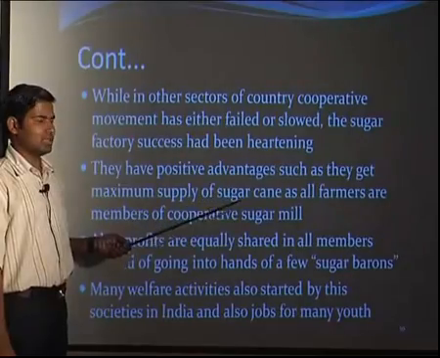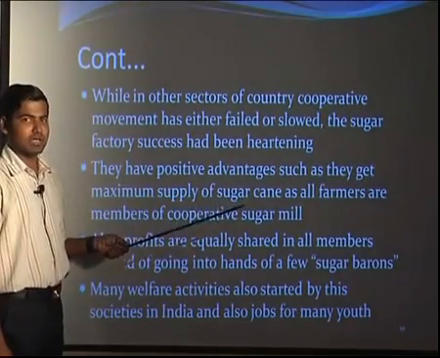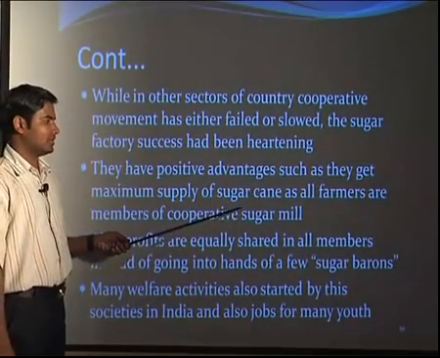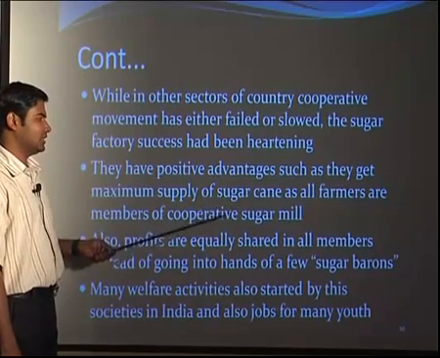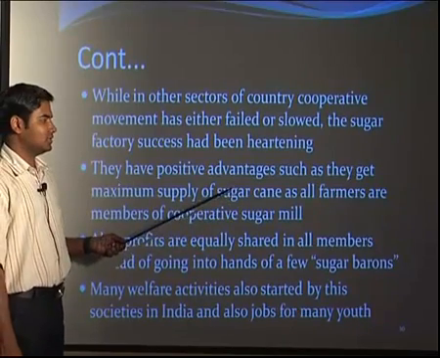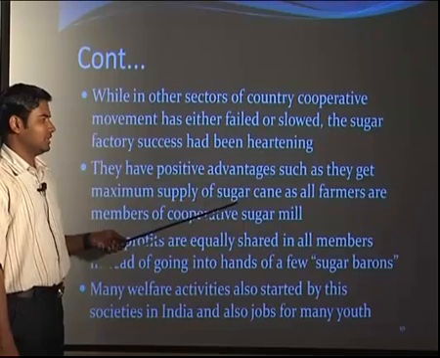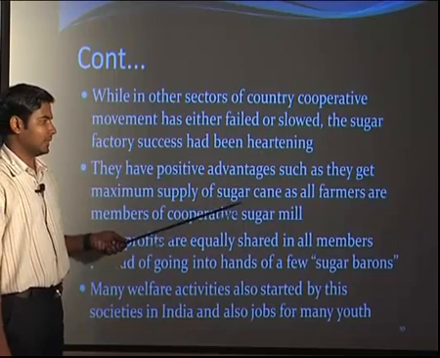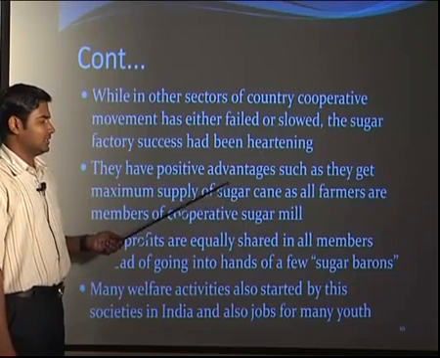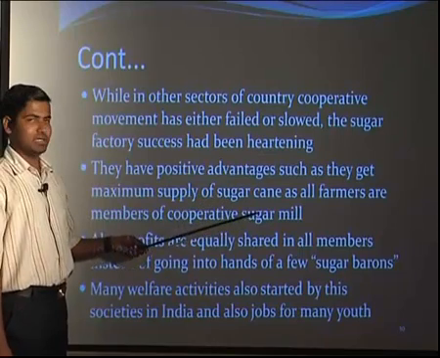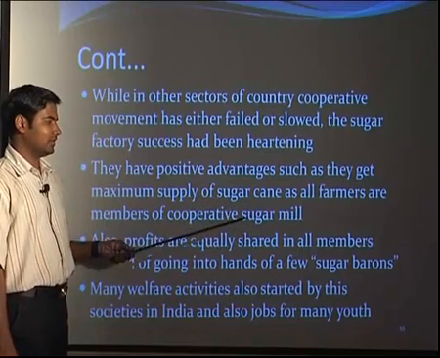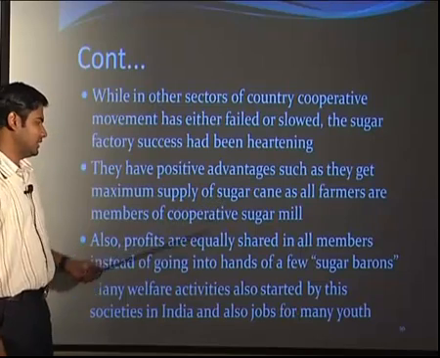Also, factories are benefited as they get the raw material readily available. So in this way, the cooperative will enhance the sugar cane industry. Here the farmers and the mill developers both will be benefited.